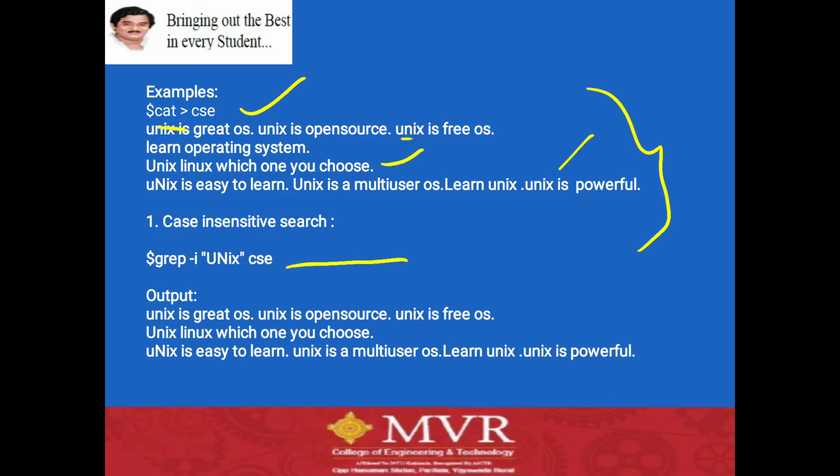So the output will be the first line because it contains Unix, the third line, which again contains Unix, and the fourth line, which again contains Unix. Only the second line will not be displayed, because the second line doesn't have any pattern which matches the given Unix. So this is the first example.